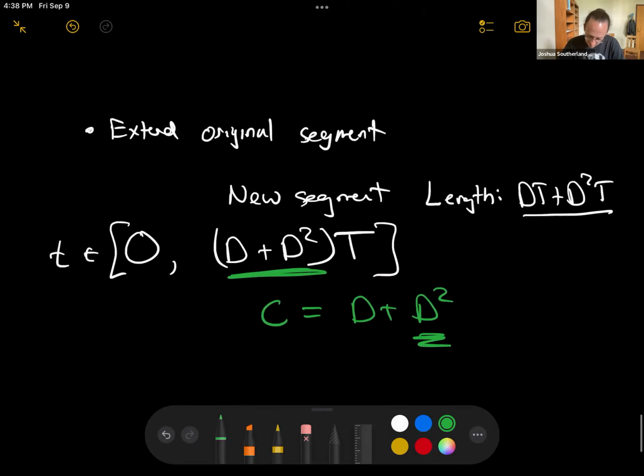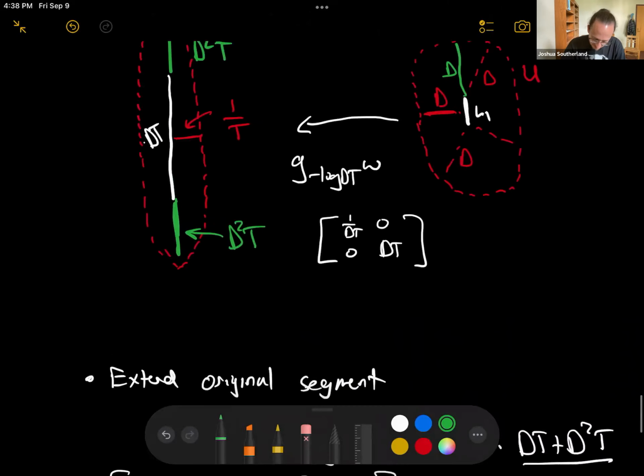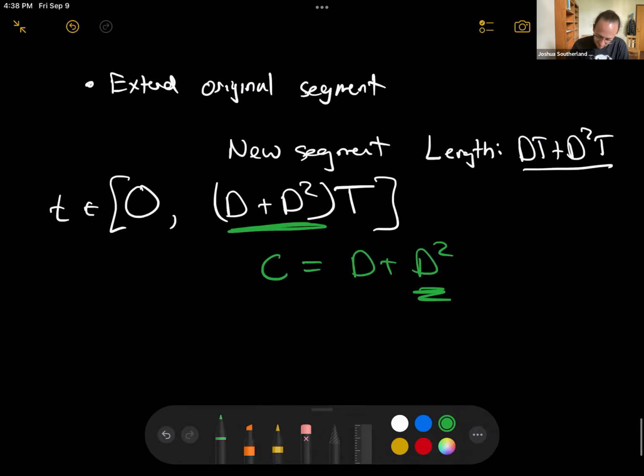And when we do that, that segment is going to be within 1 over t of every point on the surface. So this segment is 1 over t dense. Okay, and so that completes the proof. Awesome.